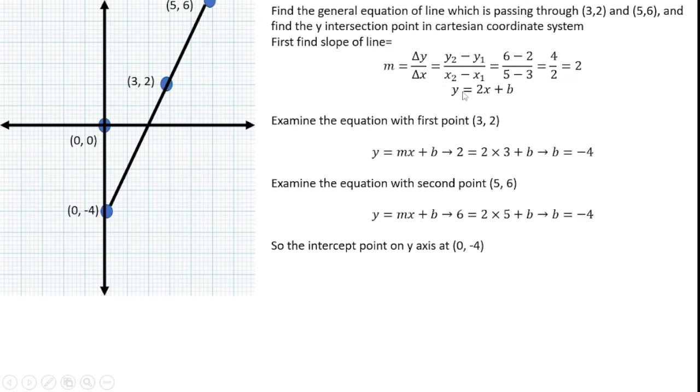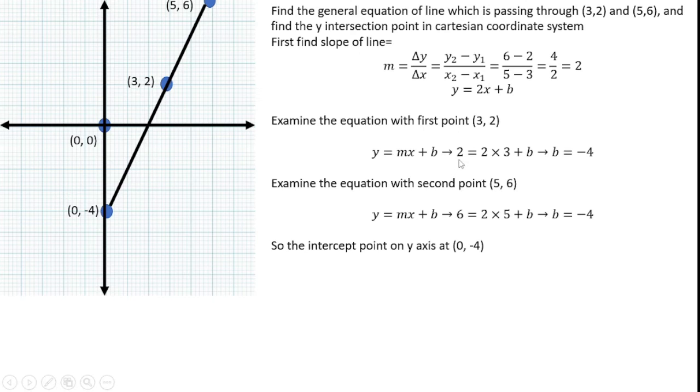So we can substitute the m value into the straight line equation, y equal to mx plus b. Here I substitute 2 as m. And what about y and x? According to the first point, x is 3 and y is 2.